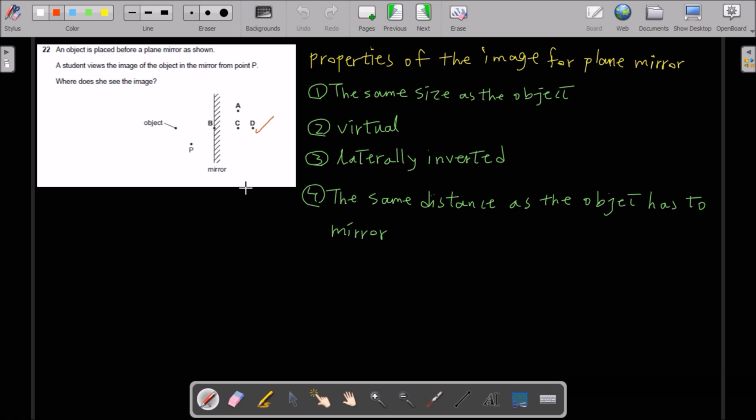We know the properties of the image for a plane mirror: the same size as the object, virtual, laterally inverted, and the same distance from the mirror as the object. Based on this, you can see the distance of the object from the mirror and the distance of the image. That's why D will be right.